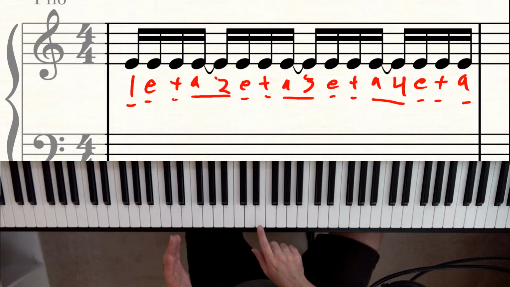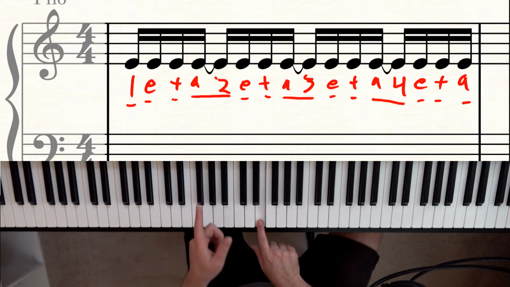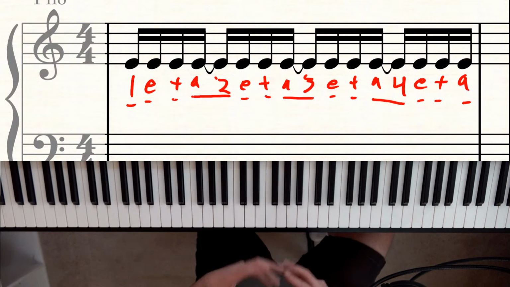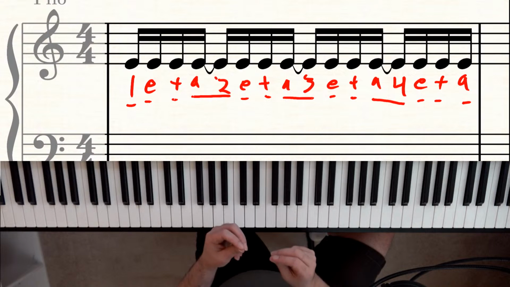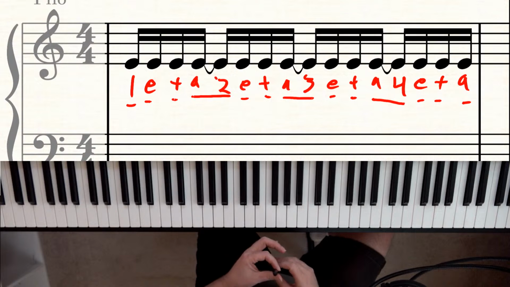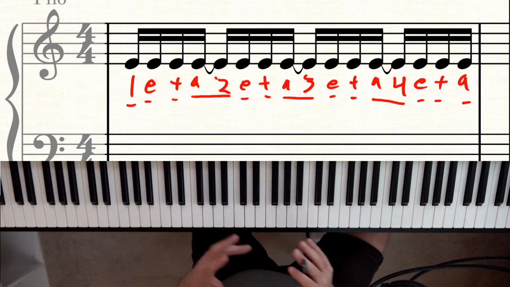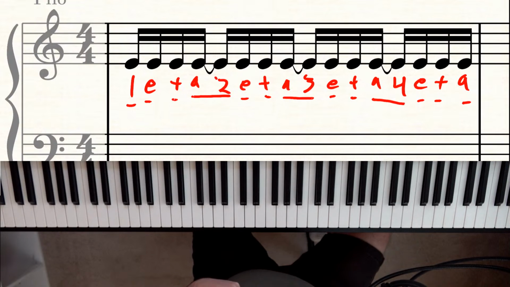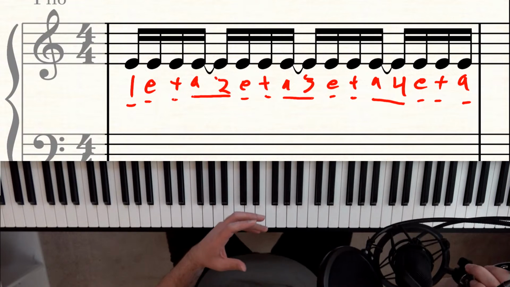So 1 E and 2 E and 3 E and 4 E and. Now, one thing that I did in my head that made this a whole lot easier is thinking about attack points, right? I think it's pretty easy to start holding over a note, but then a lot of students struggle with, where do I start hitting the next note? And it's all about the concept of attack points.